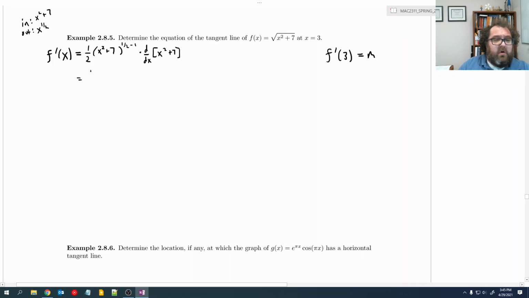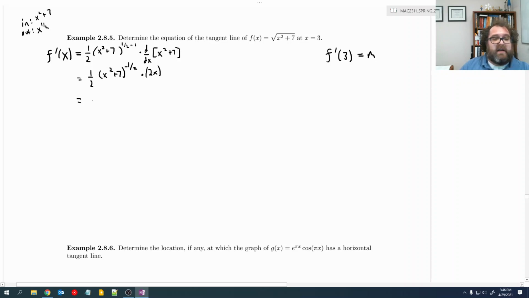So we have 1/2, and then x squared plus 7 to the 1/2 minus 1, which is negative 1/2 power, times the derivative of x squared plus 7. We have the sum of two functions. We differentiate those individually. The derivative of x squared is 2x. The derivative of 7 is 0. So we're just multiplying by 2x.